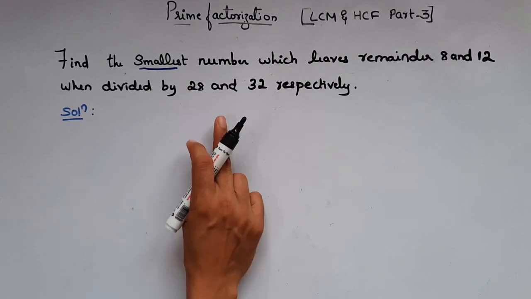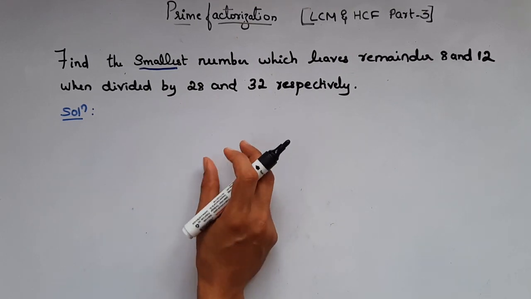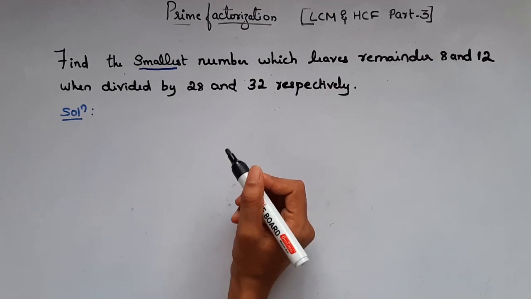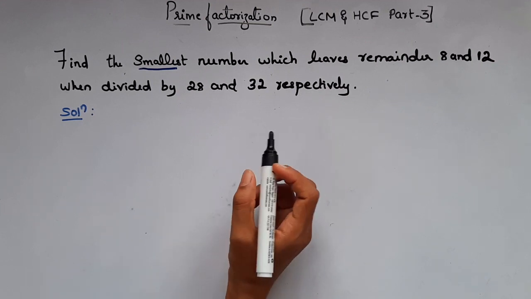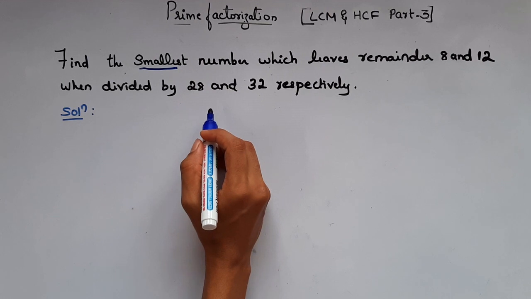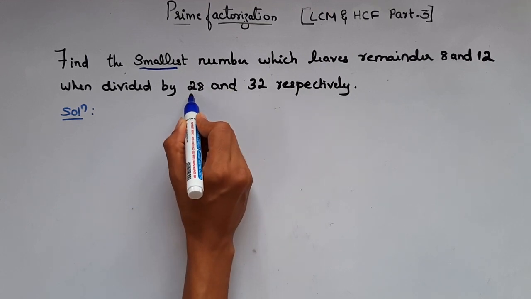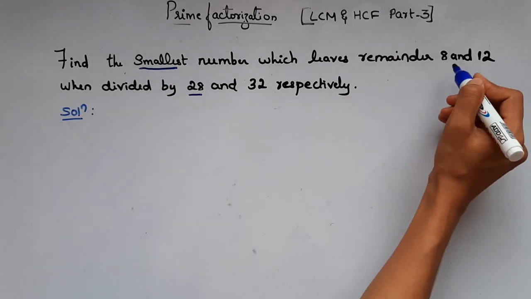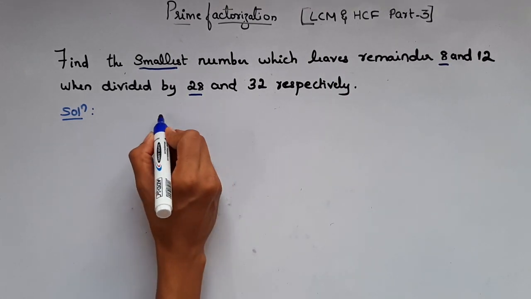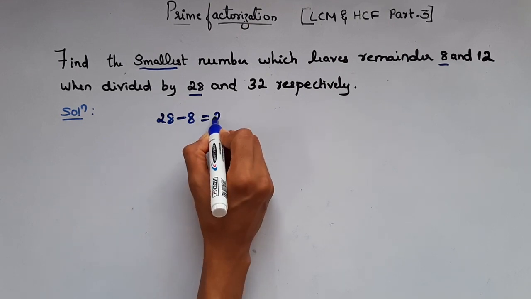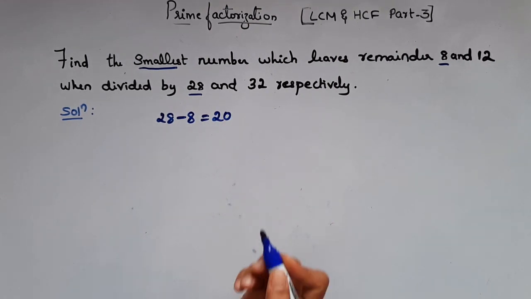There are two methods to solve this type of question. One is a shorter one and the other one is a little lengthy. Now how to choose which method to go for? For that, first you have to see the difference between the divisor 28 and the remainder 8. That is 28 minus 8 will give you 20, right?